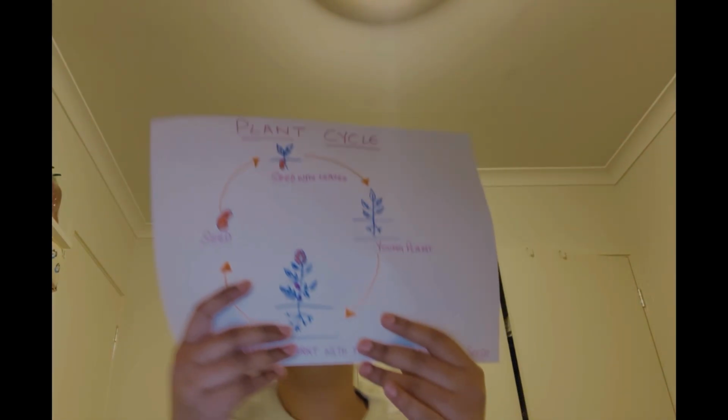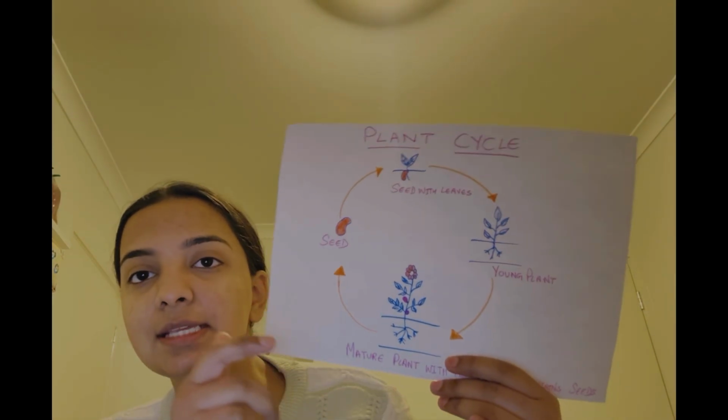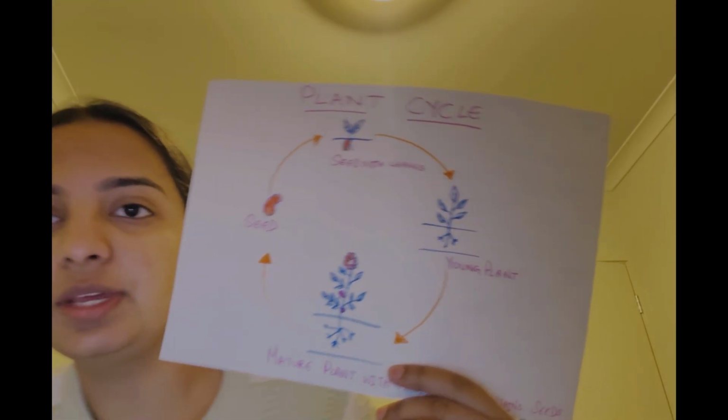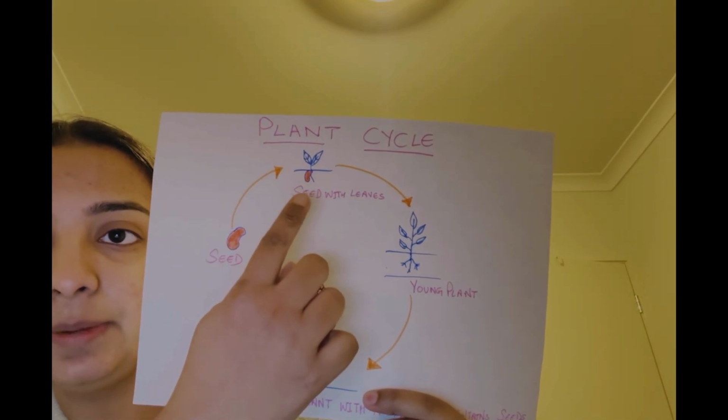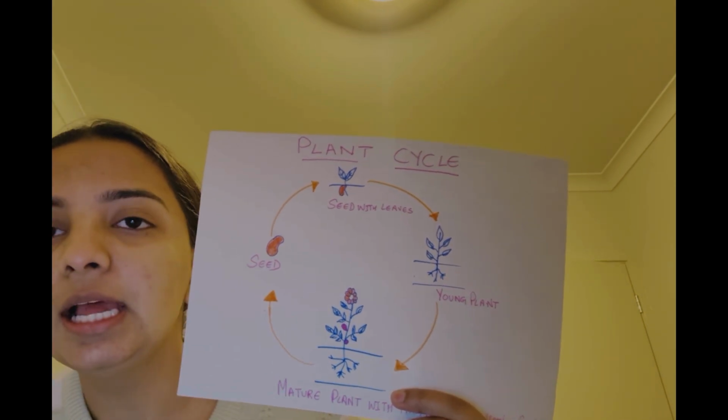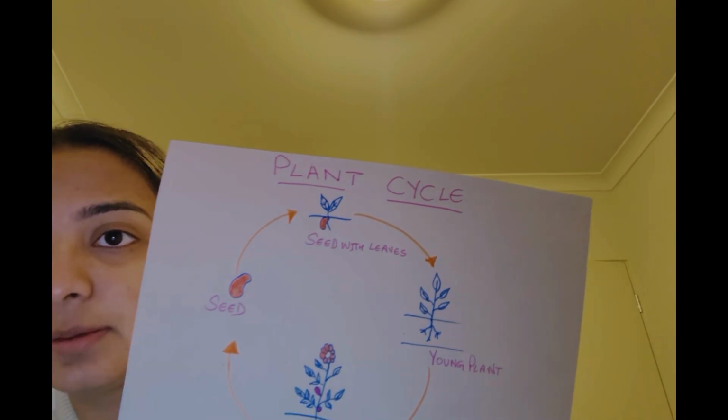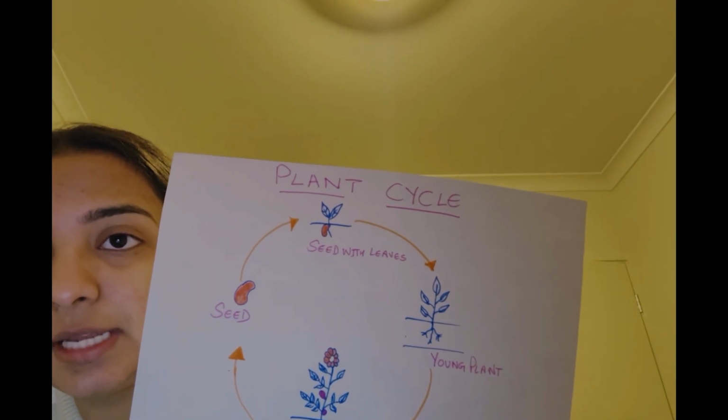In this cycle they can see here that this is the seed. It was a very little seed, and when we dig it into the land or soil, it can grow up after some days with roots and some leaves.